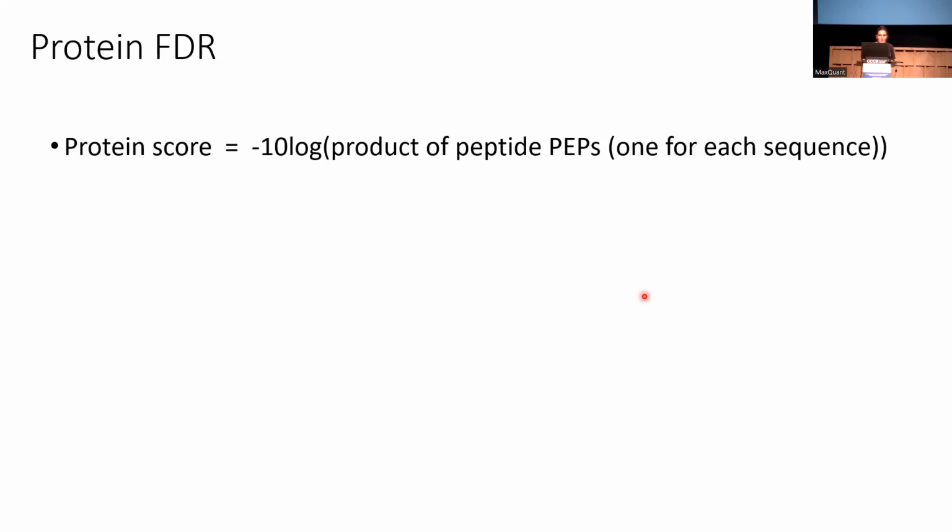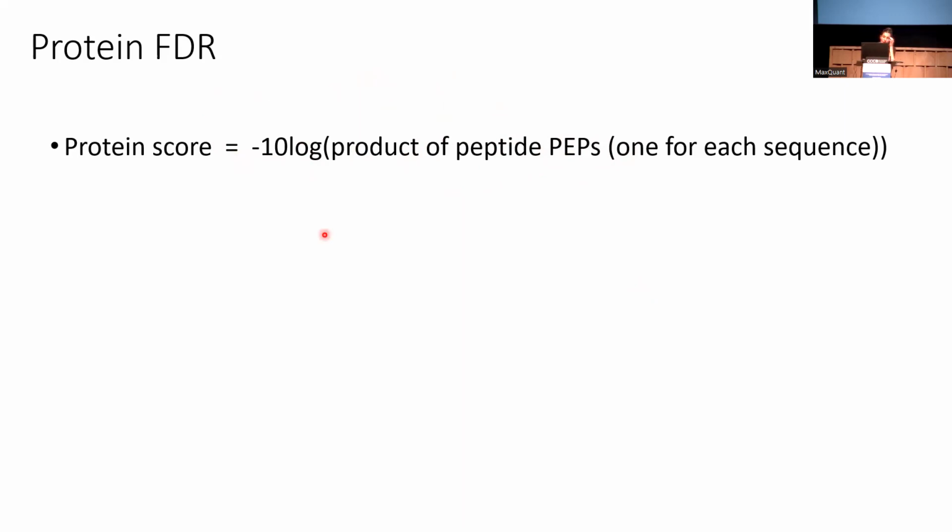And how we do it in MaxQuant is we calculate this protein score. It is the product of the peptide PEPs. After we calculate this product, we take the logarithm of that and multiply it by -10. And this is the protein score.